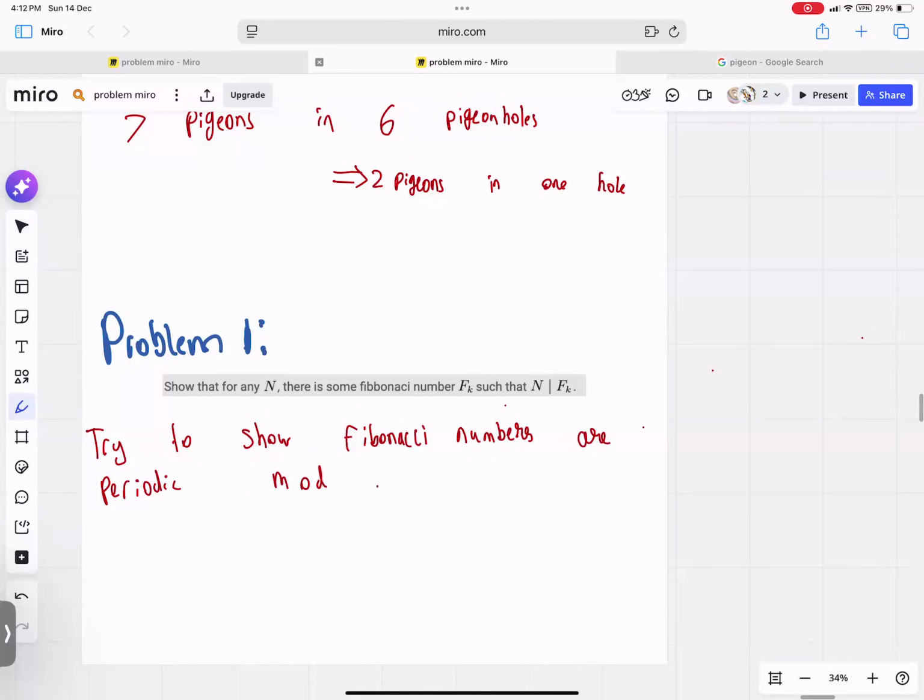And in case y'all don't know what the Fibonacci numbers are, they're defined by f1 is equal to 1, f2 is equal to 1, and for n greater than or equal to 1, f of n plus 2 is equal to f of n plus 1 plus f of n.